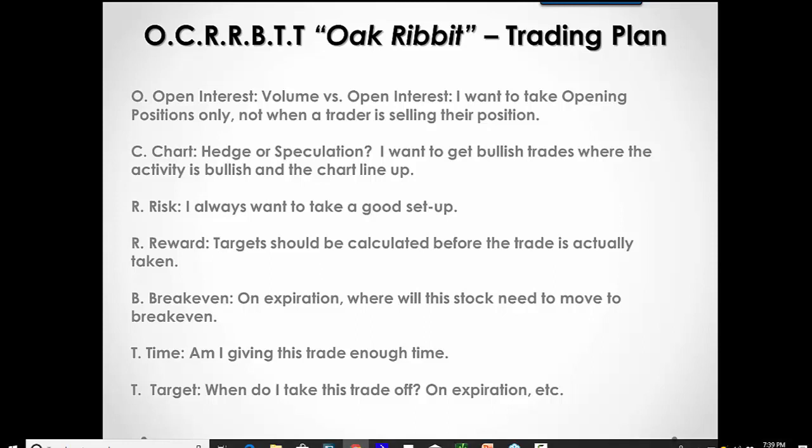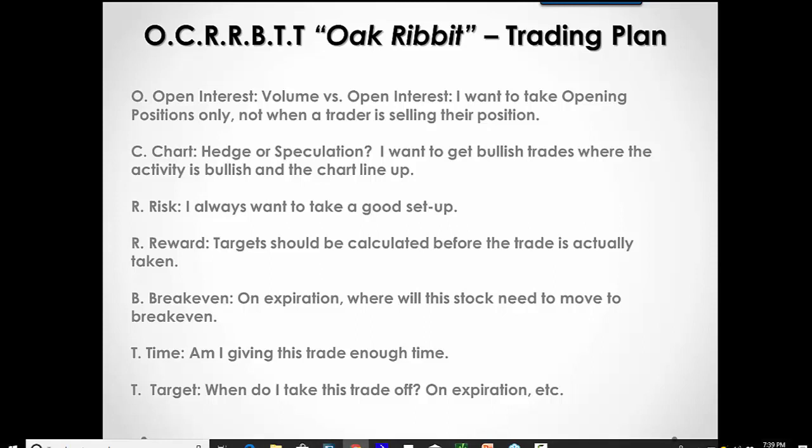So when I see this unusual option activity, I go through a concrete trading plan. The first step is volume. I need volume to be greater than open interest for me to make a trade. Then I look at the chart. Is the chart bullish? Is it bearish? If I see a bearish chart and I see calls being bought, I'm not going to take a trade.